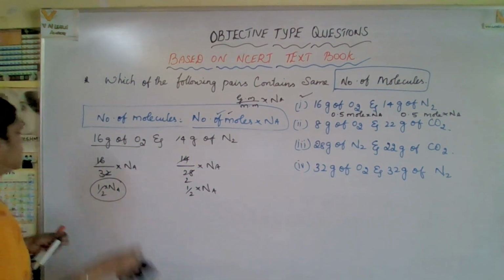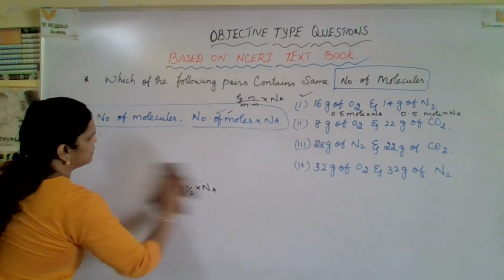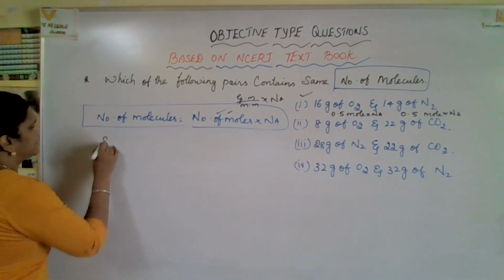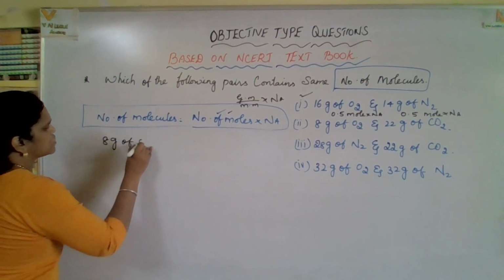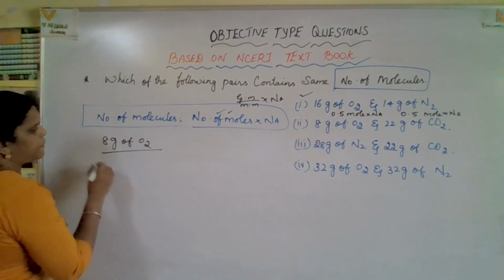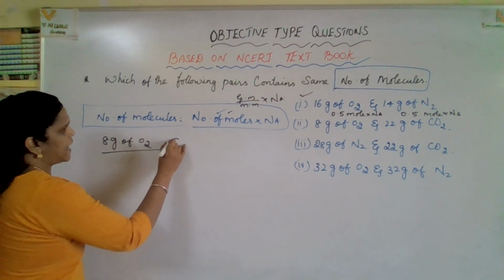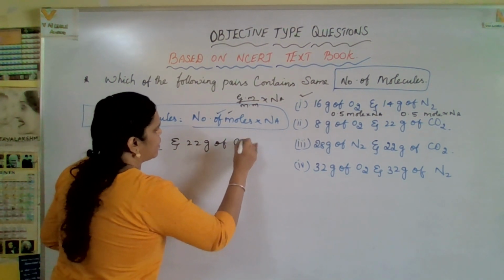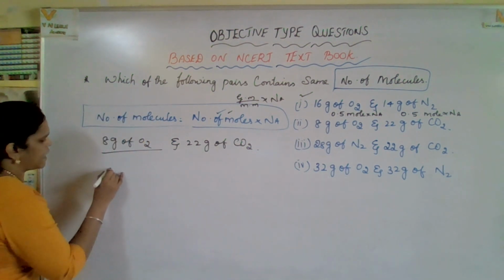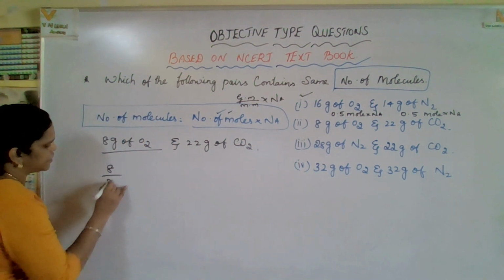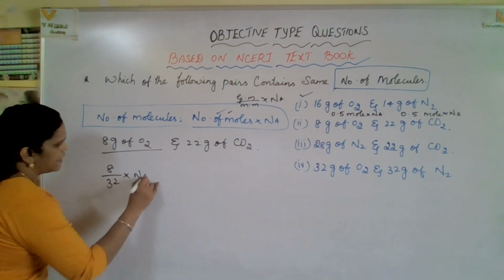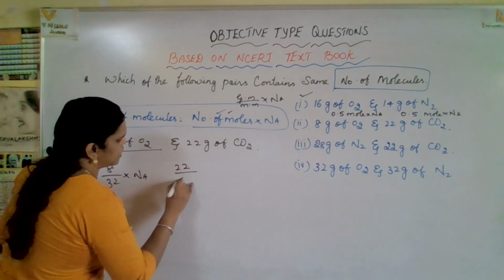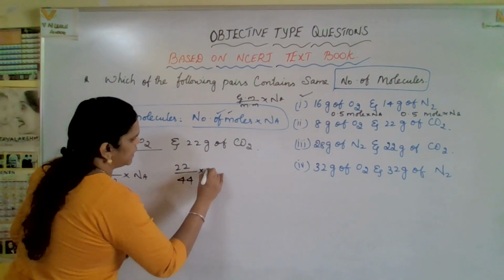Yes, the second one: 8 gram of oxygen and 22 gram of carbon dioxide. So 8 divided by oxygen 32 into Na, and the same way here 22 divided by 44 into Na.